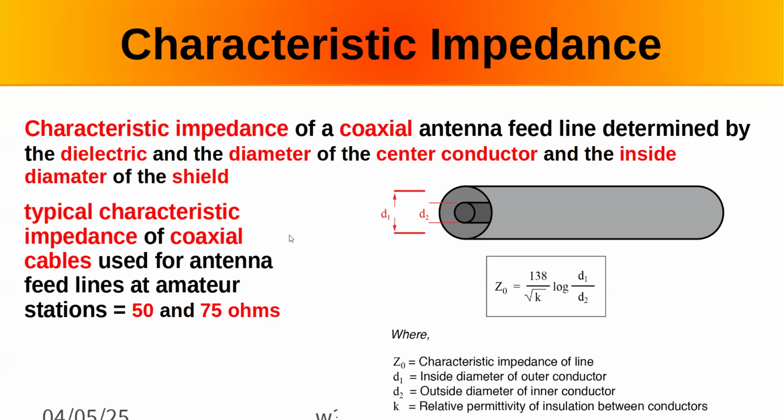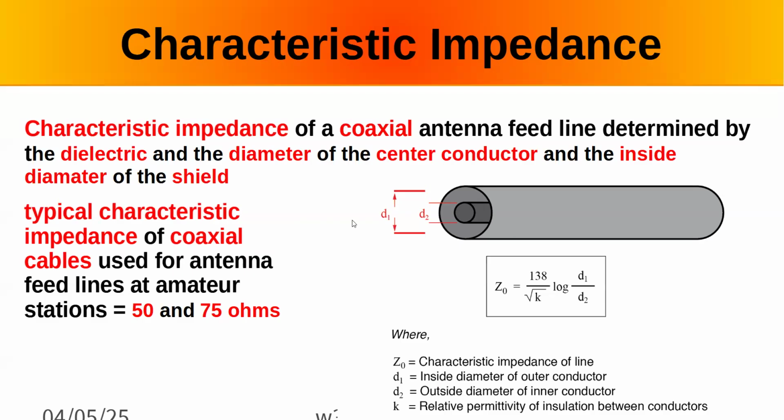If it's coax, the formula is similar but different. And typically, you're going to see 50 or 75 ohm cable. I don't know that they make 35 anymore. Apparently, back in the olden days, I guess it was Bell AT&T, 35 ohms was better for power transmission, was lower loss.